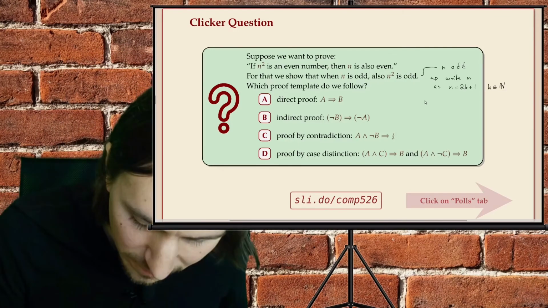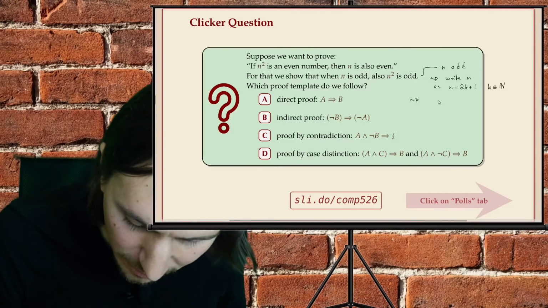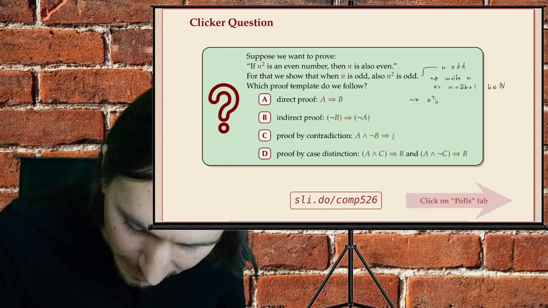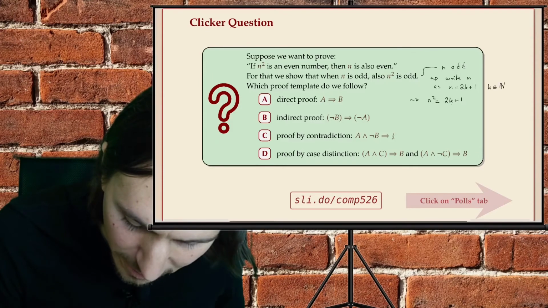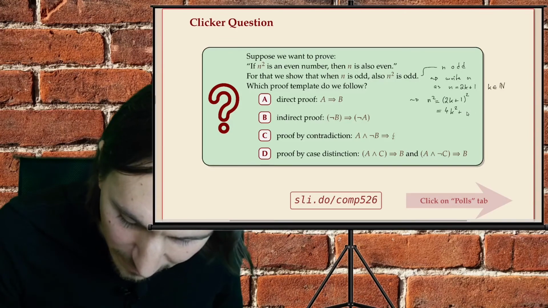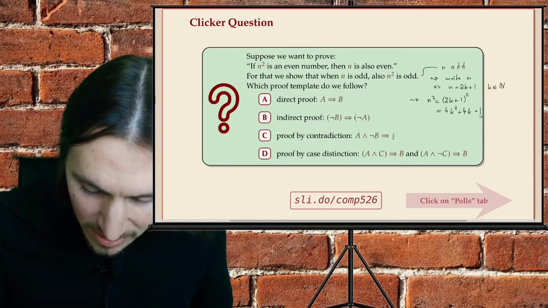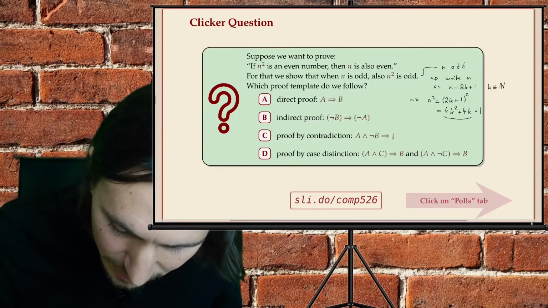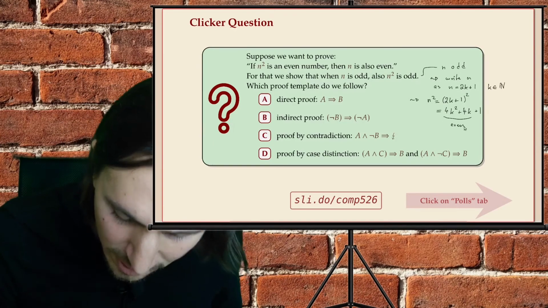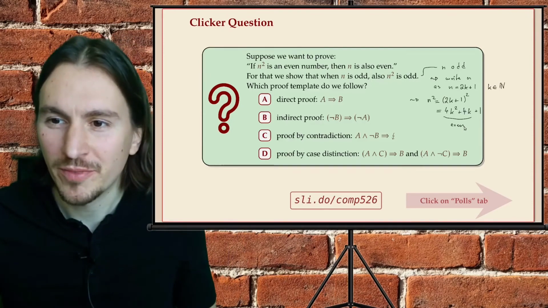And if I now look at what happens to n squared, well, that's (2k plus 1) squared. That's nothing but 4k squared plus 4k plus 1. And you see that this is even because it's divisible by 2.